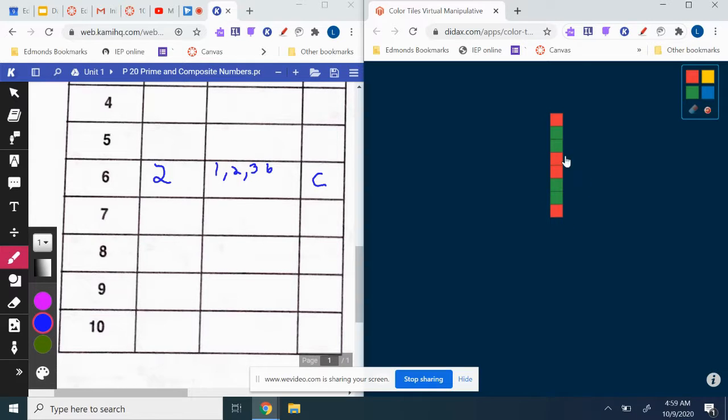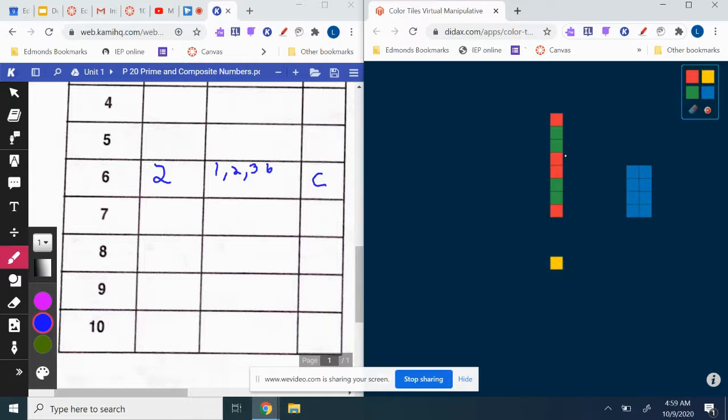So I have 8 there. So let's see if I can do 8 in a different way. I could definitely do 1 by 8. And there's 6 tiles, 7 tiles, 8 tiles. So I can do a 2 by 4 tile.